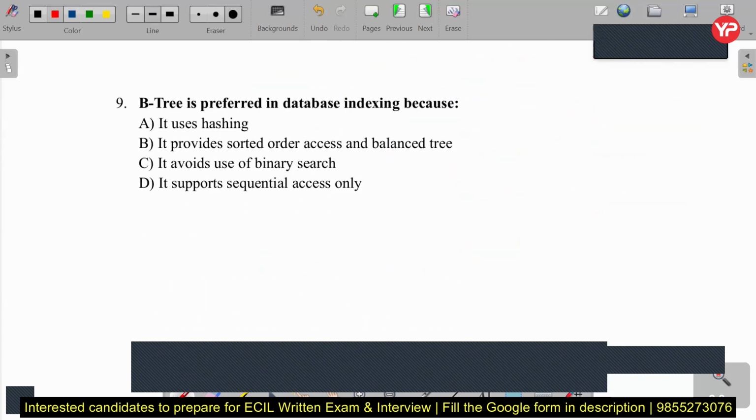Now it's a question related to indexing. B tree is preferred in database indexing because why do we use B and B plus tree? We have some static indexing, that is called primary indexing. Then we have cluster indexing.